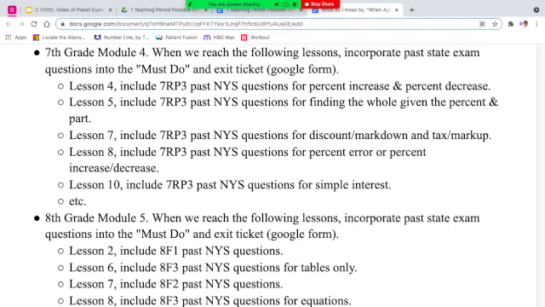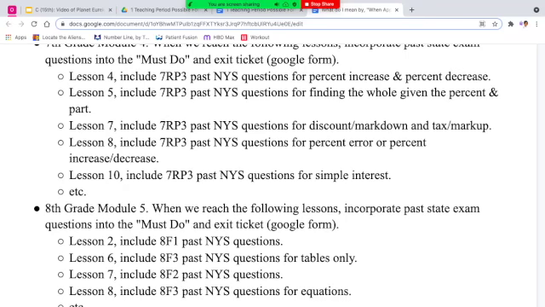For lesson 8, again, you can include questions for 7RP3, but ensure that these questions are geared towards percent error or percent increase and decrease. For lesson 10, you can include another 7RP3 question, but you want to make sure that this question addresses simple interest, etc. Let's move right along to grade 8.